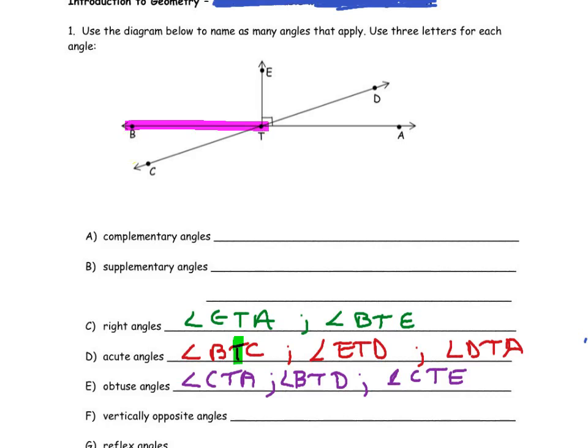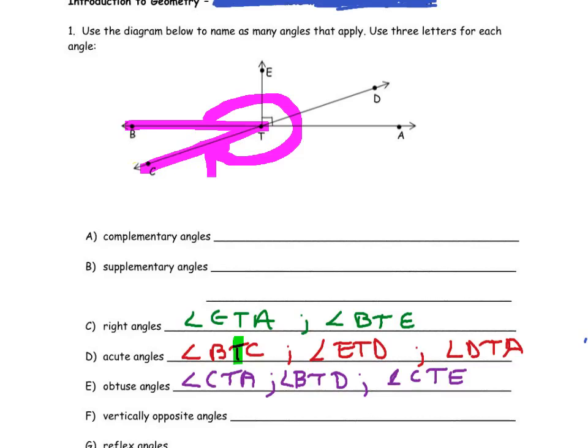If you started with line BT and the second line, and you rotated it around and ended up here at TC, you would have made a large angle, in fact almost a complete angle. That angle will be a reflex angle, greater than 180, but less than 360.